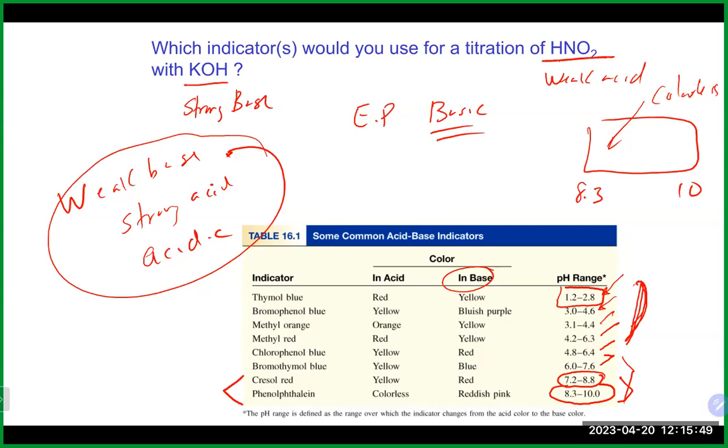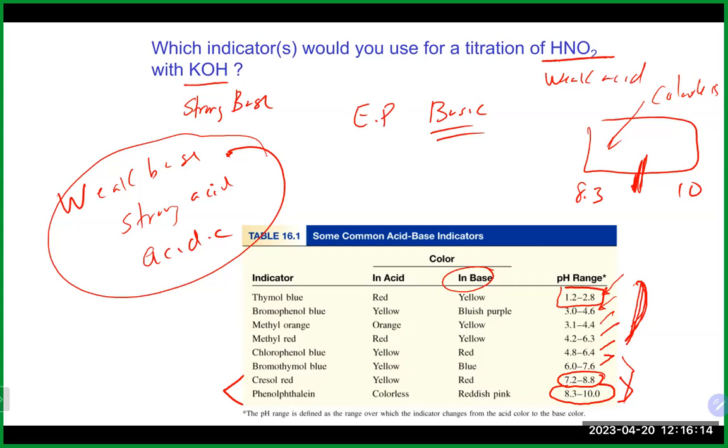And by the time it does change color, it's in the basic range, which means you're way past your equivalence point. Or maybe, if you were doing that titration, it would actually go from pink to colorless around 8.3, which is way before your equivalence point as well. So you want to make sure that you choose one where you will be able to see that change.